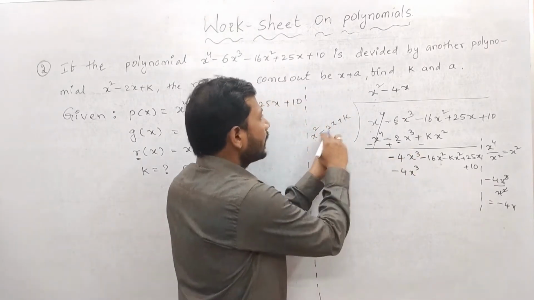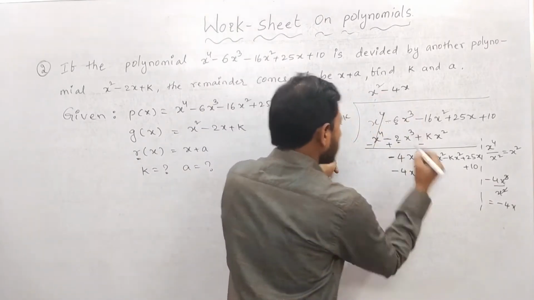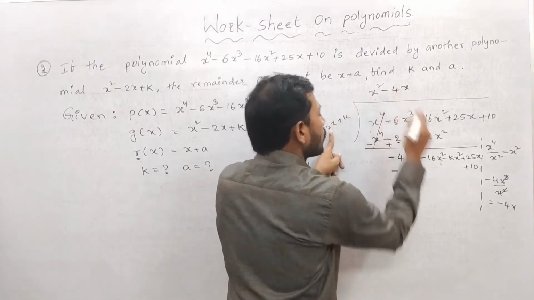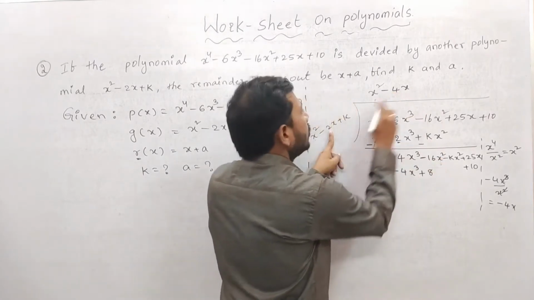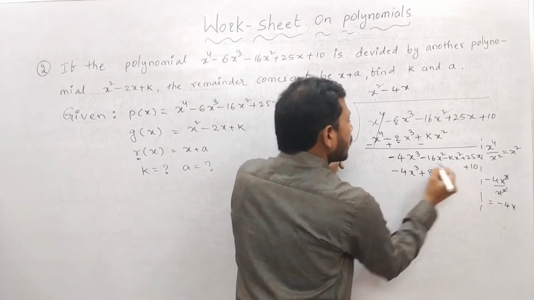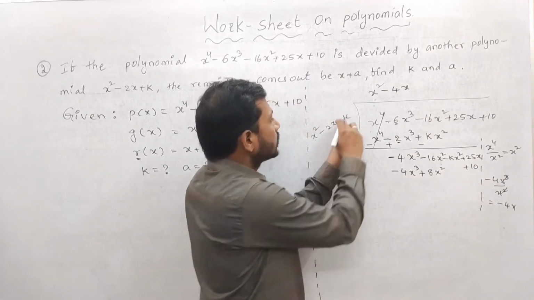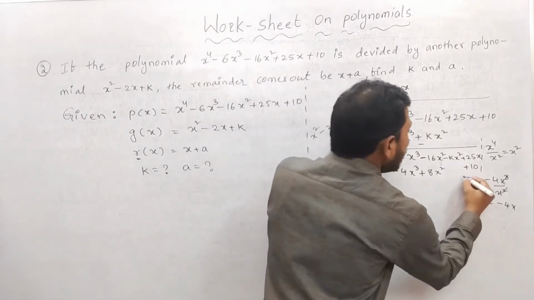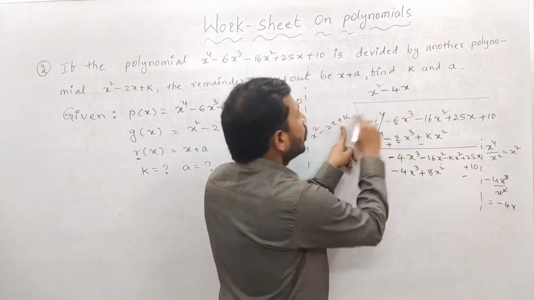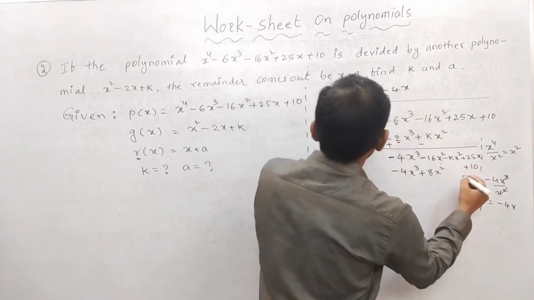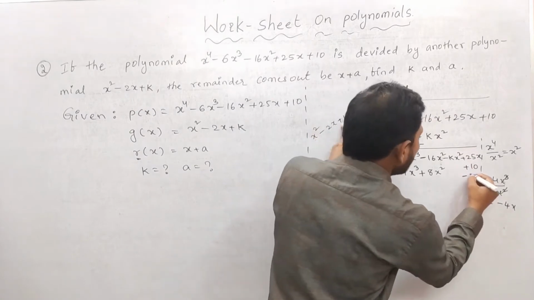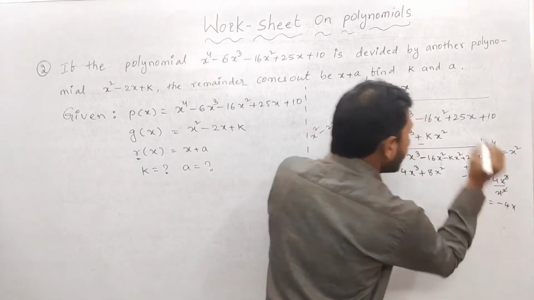Very good. Minus into minus plus, 2 into 4, 8. x into x, x square. Completed one term. Next one is plus into minus, minus k into 4, 4kx. Then I am writing 4kx.